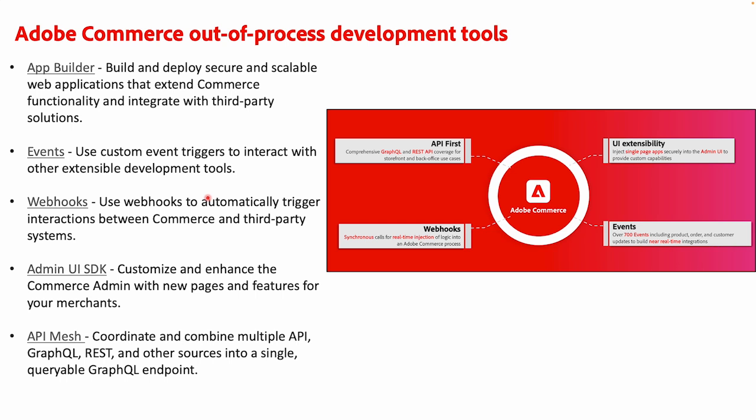Admin UI SDK is useful for creating admin interfaces for Magento or Adobe Commerce. And finally, the API Mesh is there to combine multiple data sources into a single GraphQL endpoint.